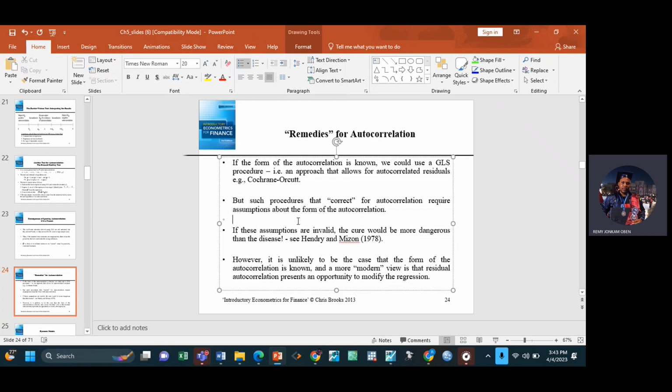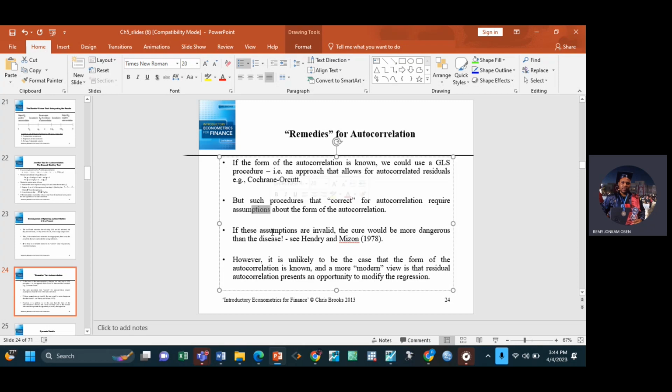Let's read what is written here. If the form of the autocorrelation is known, we could use generalized least squares, of course. But in practice, we almost never use this method because it's difficult to know the form of the autocorrelation. Such procedures that correct for autocorrelation require assumptions about the form. If these assumptions are invalid, the cure could be more dangerous. So what they're trying to explain here is that before we use generalized least squares, we need to make some assumptions.